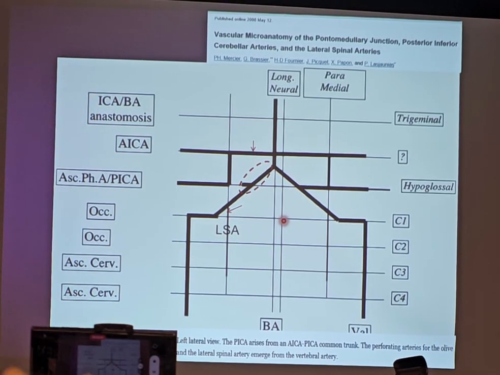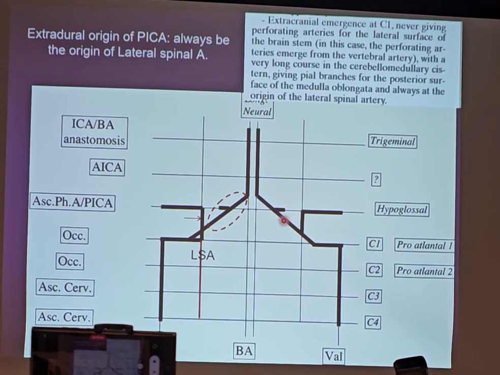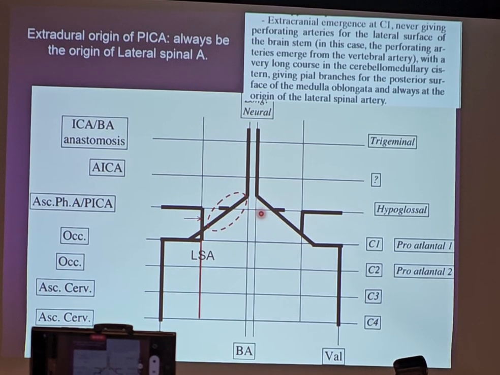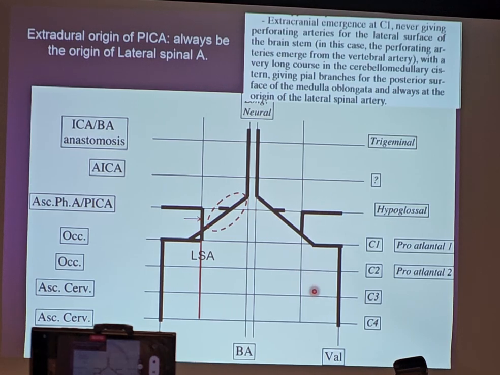Okay, this is his work published years ago. And extradural: now you have the C1 extradural PICA, so now it's far away from midline. Again, the vertebral artery will be the one that takes charge of the ventral perforators. Okay?